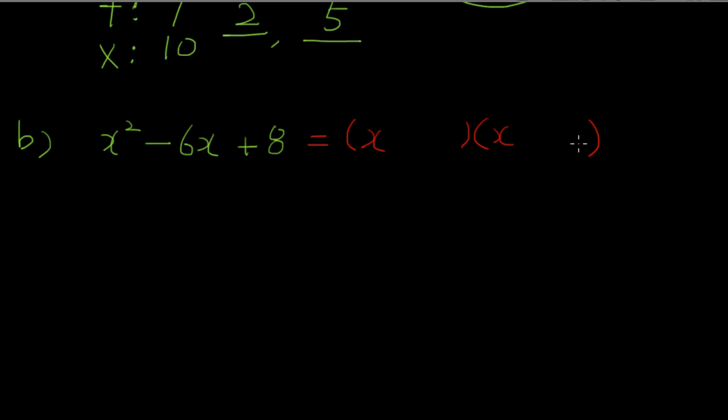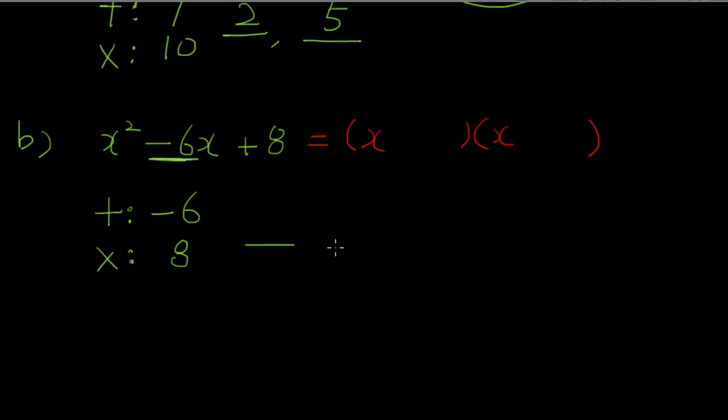Without much thinking, I'll just put it like this. Then I'm trying to figure out the two numbers that I'm going to use. When I add, it's gotta be not just 6, but with the sign, so it'll be negative 6. And when I multiply, it's gotta be positive 8.